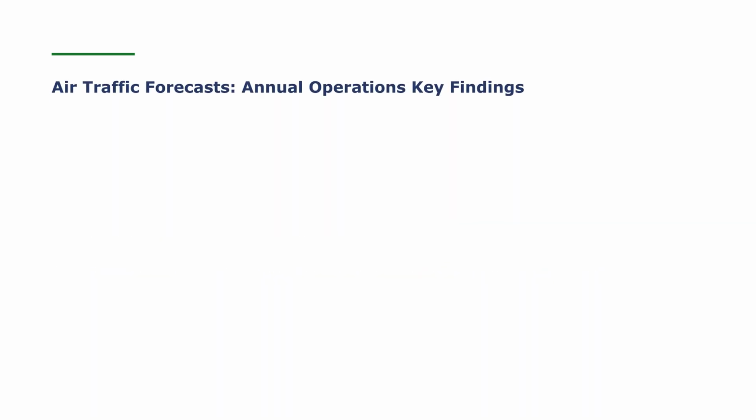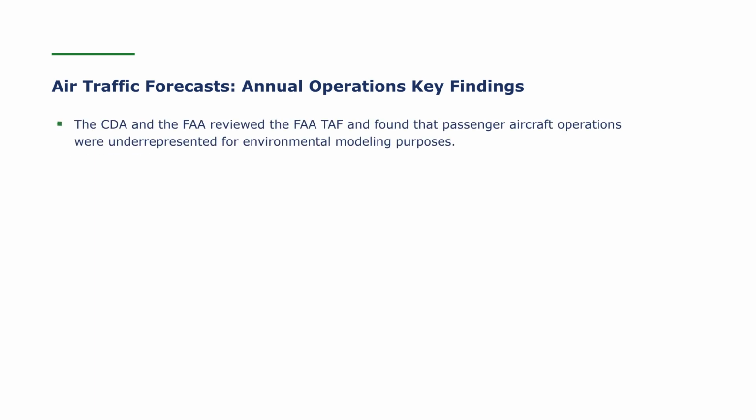The air traffic forecast split annual aircraft operations into 4 categories: passenger, cargo, general aviation, and military for modeling purposes. The CDA and FAA determined that the FAA Terminal Area Forecast, or TAF, was underrepresenting passenger aircraft operations for environmental modeling purposes.